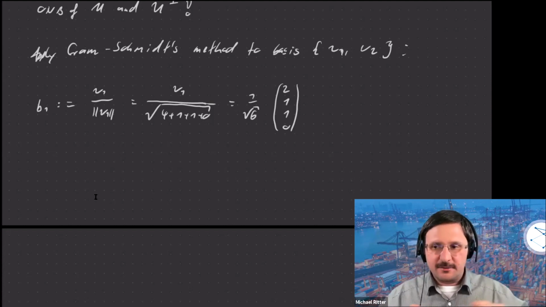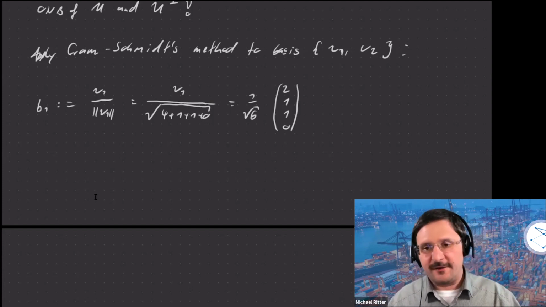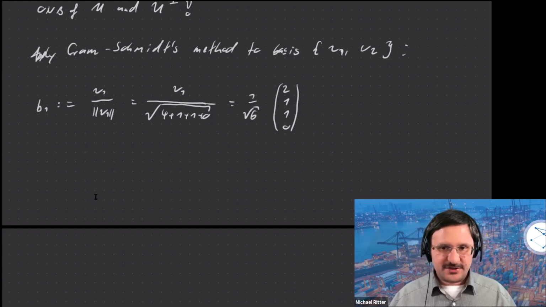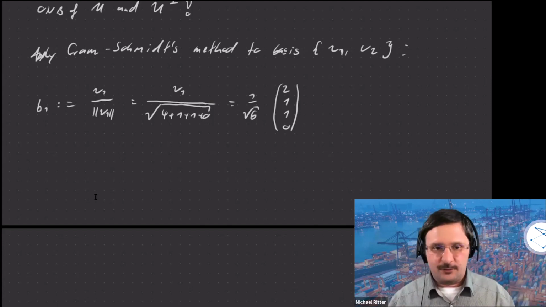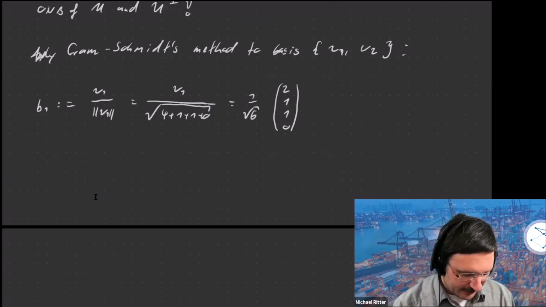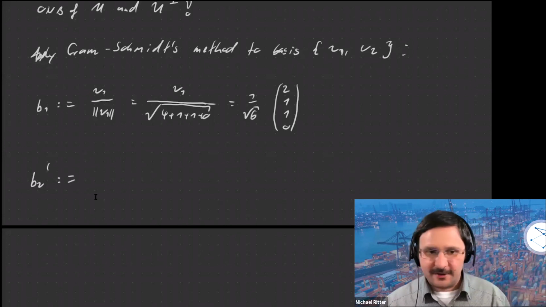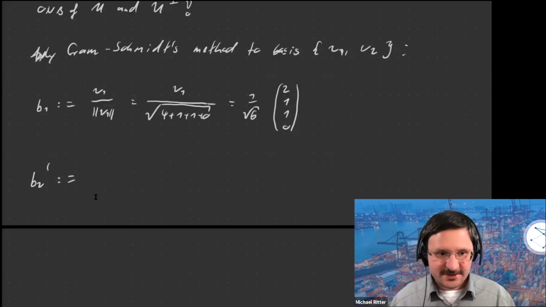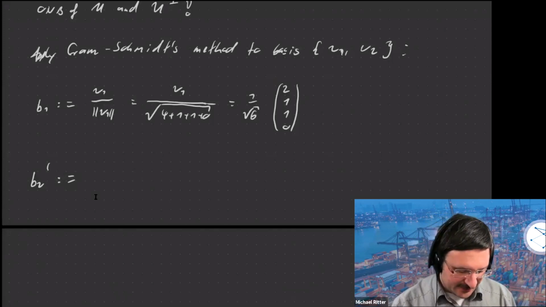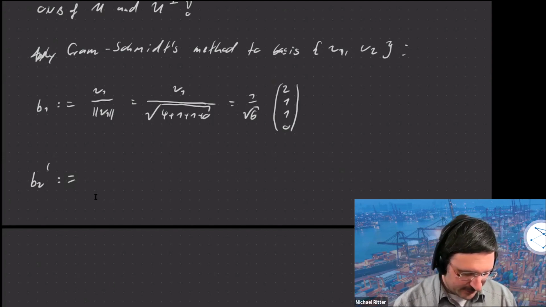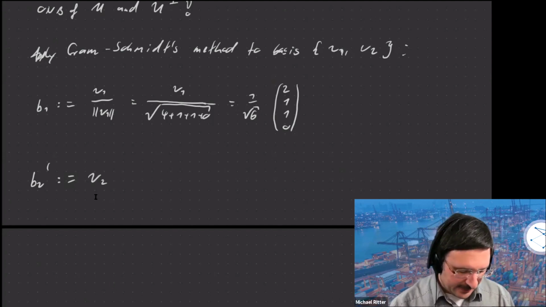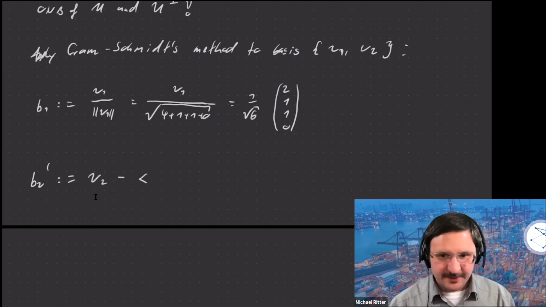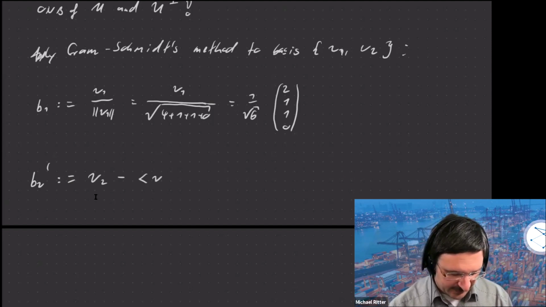We don't need the parallel part because that's already been taken care of by b1. We just keep the part that we need on top of what we already have. I call that b2 prime because the result is going to be normalized afterwards, and it's going to be b2 then. So b2 prime is an intermediate step. And we get that by taking v2, the original vector, and then we subtract the projection of v2 onto the space spanned by b1.